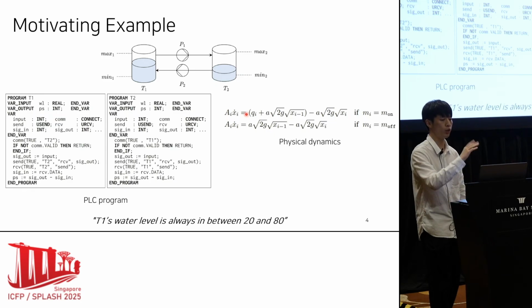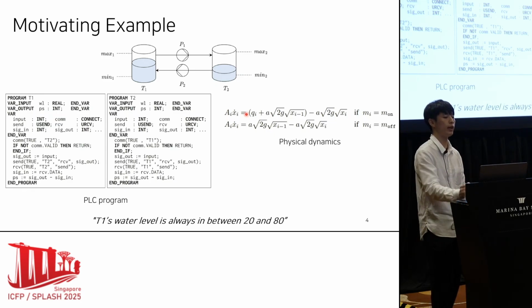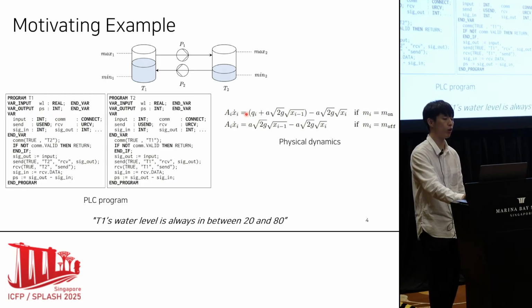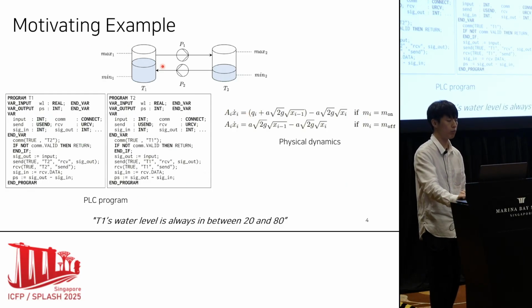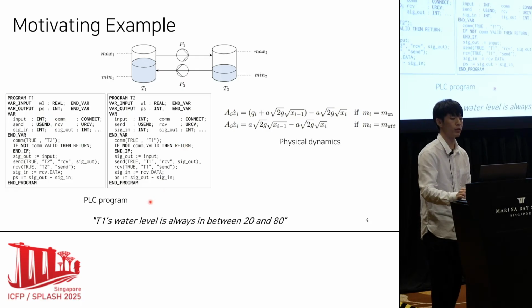The two tanks also communicate with each other about whether they are going to send water or not. And if both tanks want to send water, they might as well not send it and save some energy. So all of that, accepting input, reading the sensors, actuating, and communication, is governed by this PLC program.